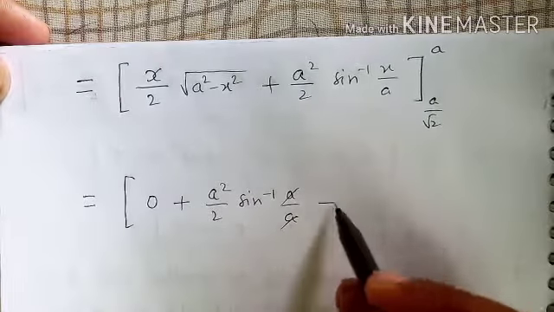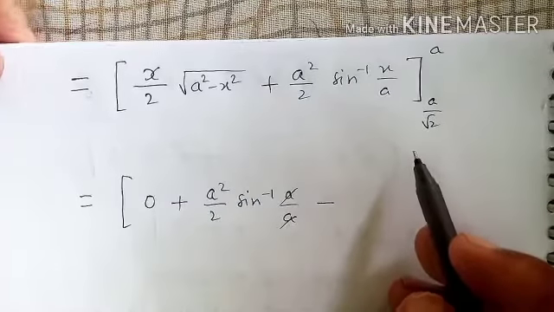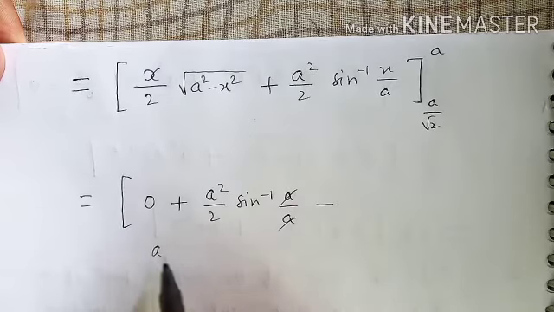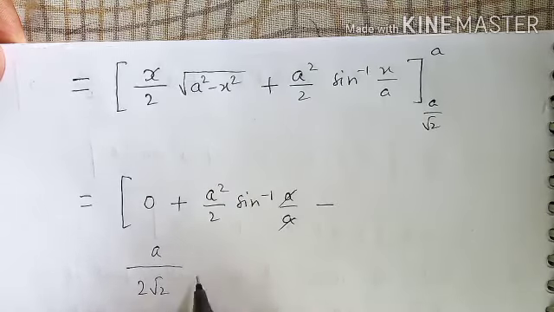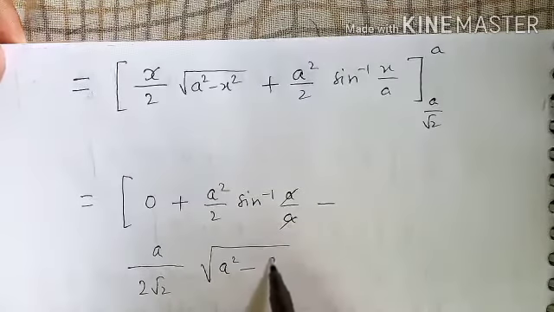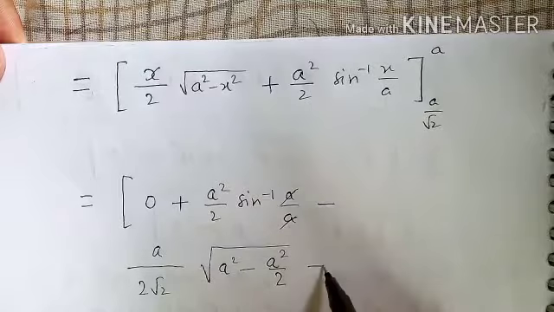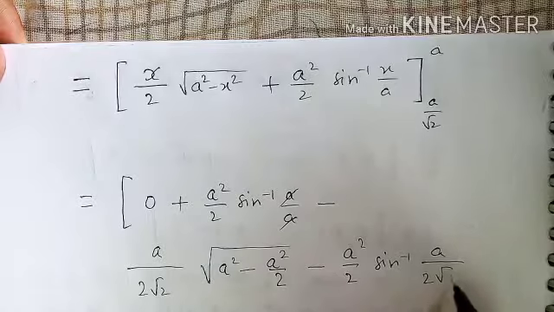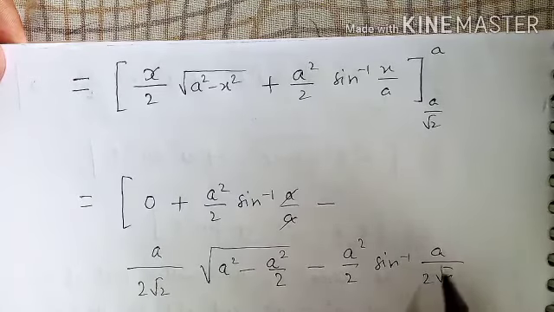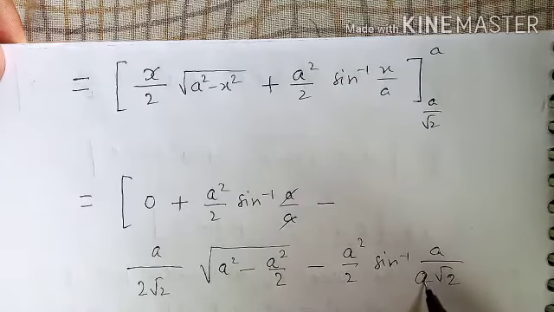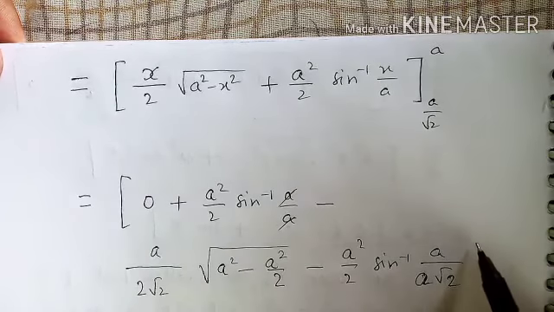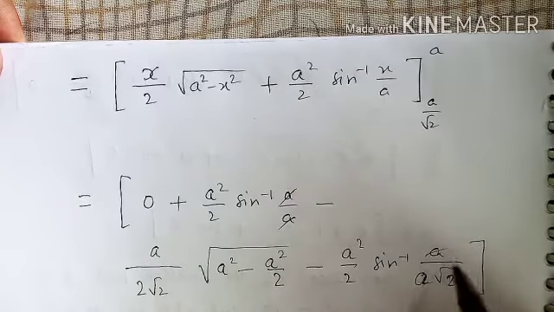So we get 1 minus, when we put x as a by root 2, then we get a by 2 root of a square by 2 plus a square by 2 sin inverse a by root 2a. Here a is cancelled.